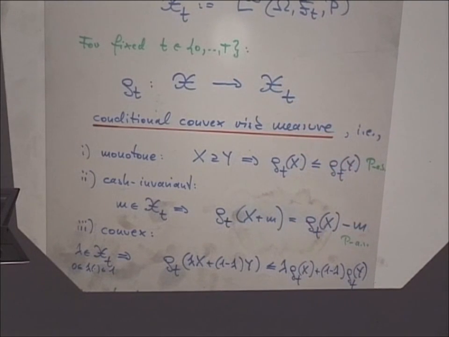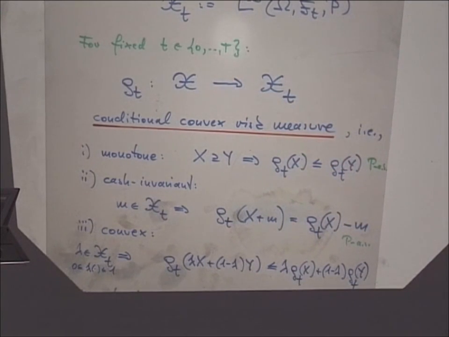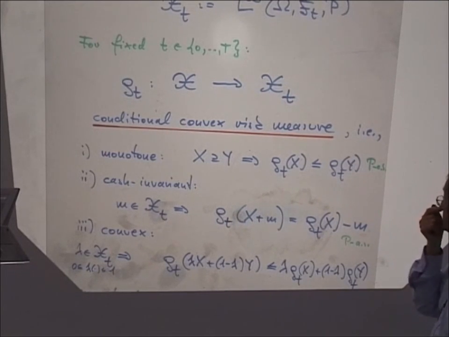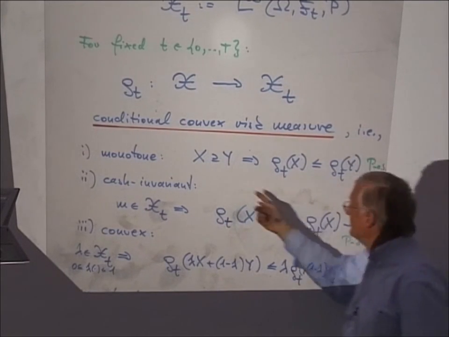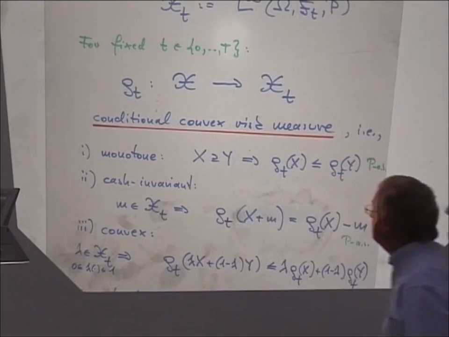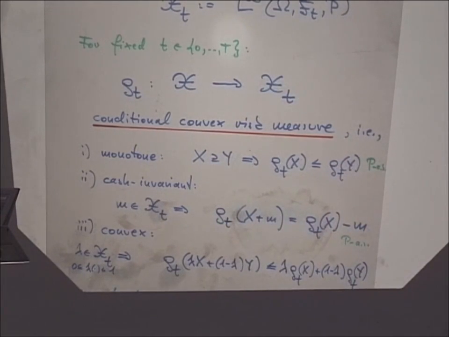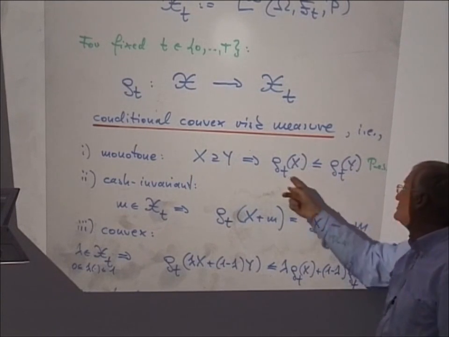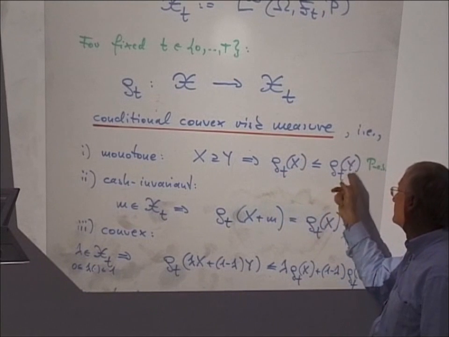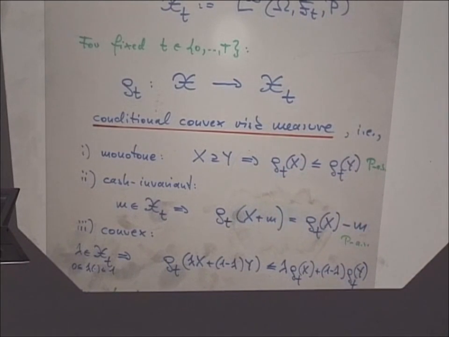It will depend on the information up to time t, so it will be an FT measurable random variable. And then, as in the static case, we have a monotonicity requirement. If X is, P almost surely, always better than Y, then we need less reserve. The capital requirement is below the capital requirement for Y.